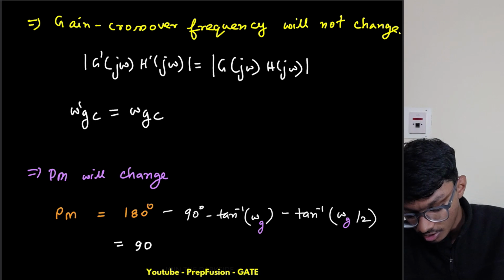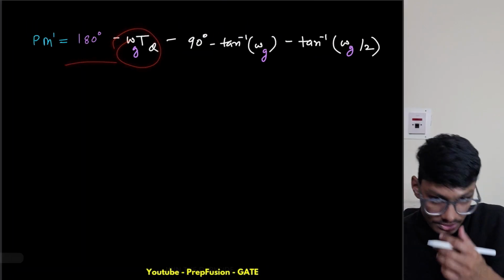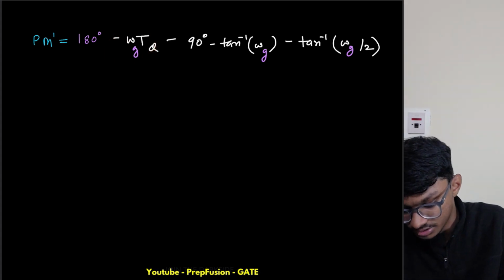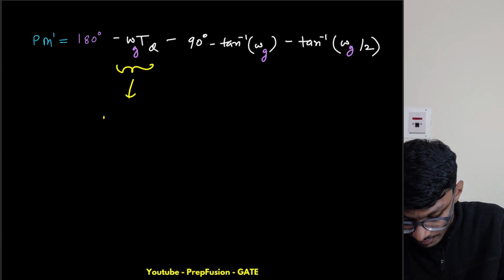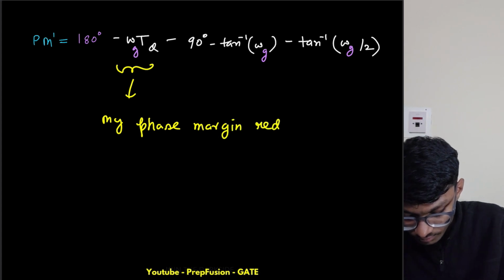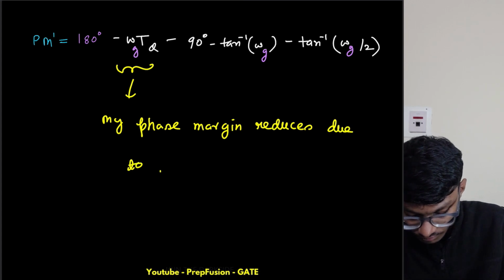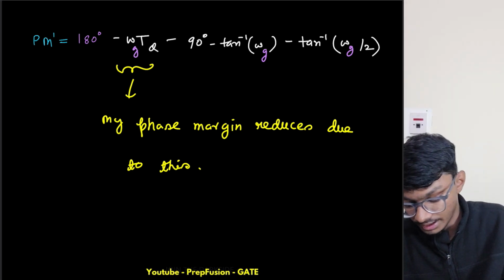This becomes 90, or from here you can say that only this extra phase lag came. So what happens? My phase margin reduces due to this. I can directly say my phase margin reduces due to this.